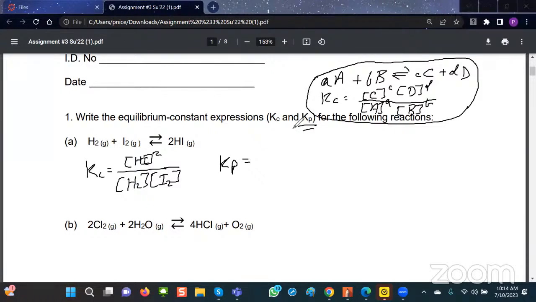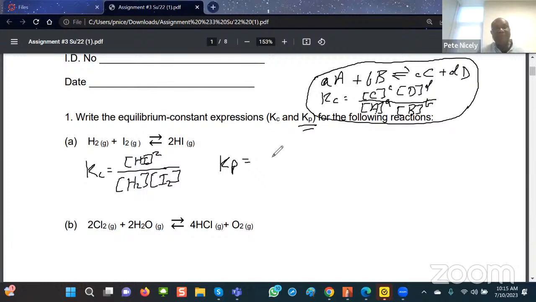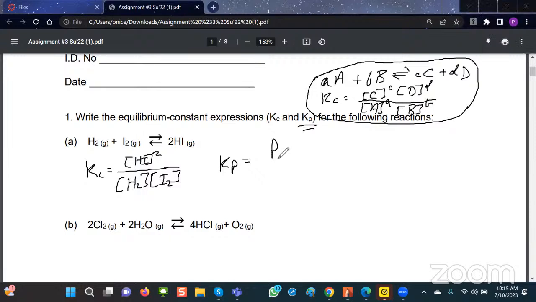I noticed that when you were writing it down, the Kp had the NO2 on top and the N2O4 on the bottom. So it's going to be the reactants on the bottom and the products on top, correct?